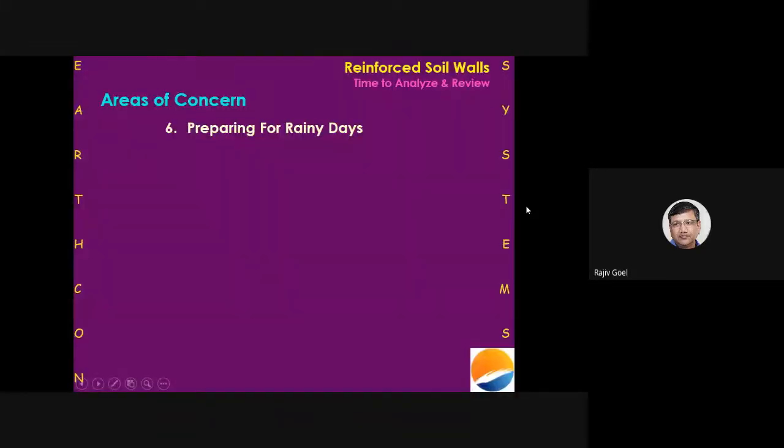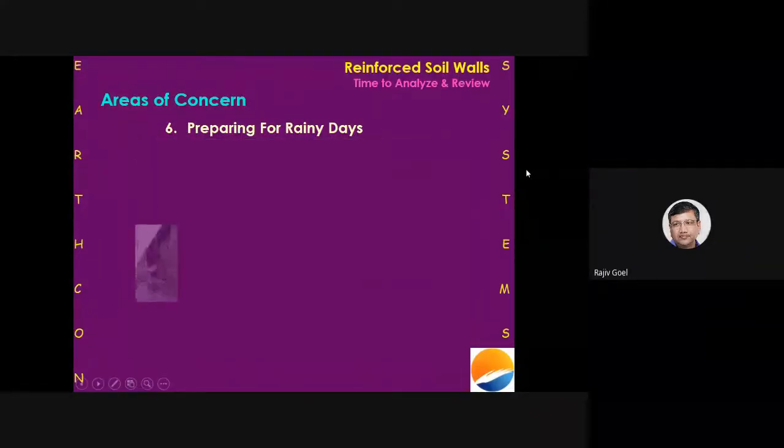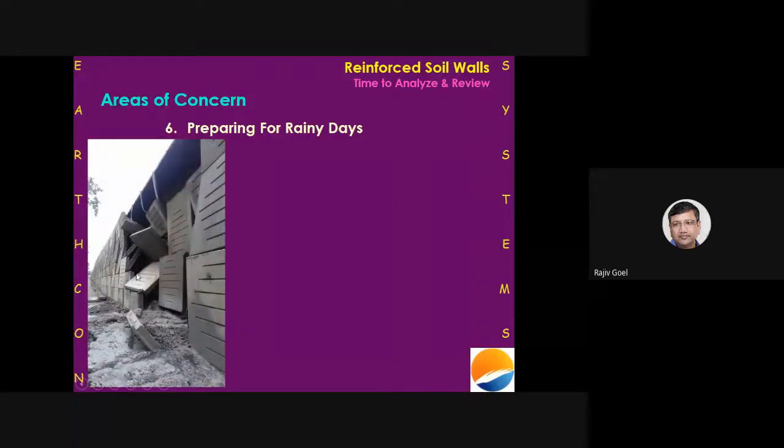Some more pictures. Can someone imagine what can happen if you do not discharge your rainwater properly? Out here, the wall was fully constructed. You can see this PCC, which was done for the crash barrier. A few days later, we would have come and placed the crash barrier on top of it.